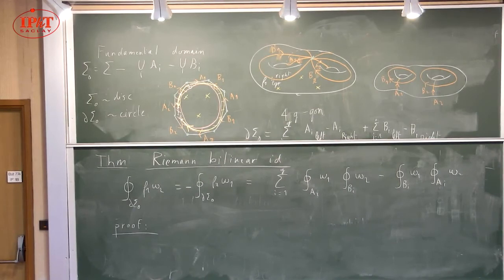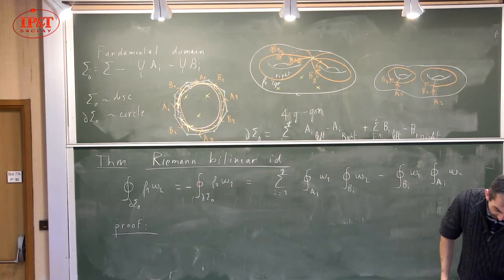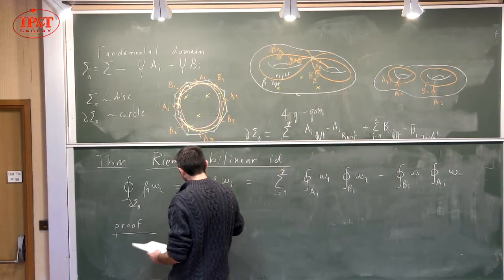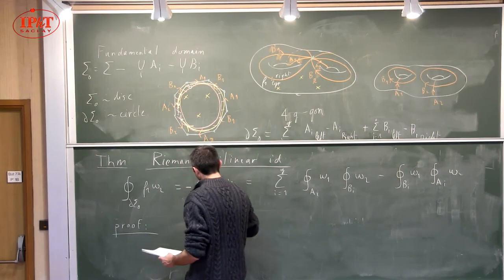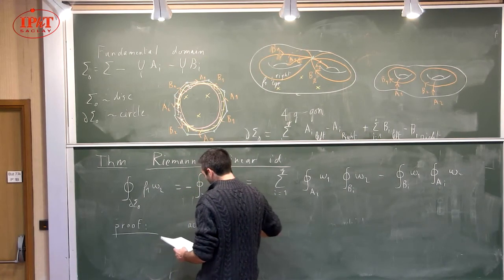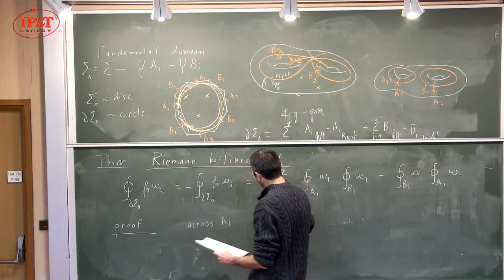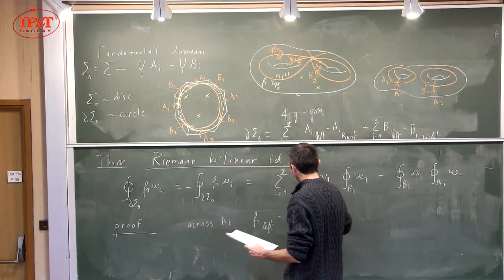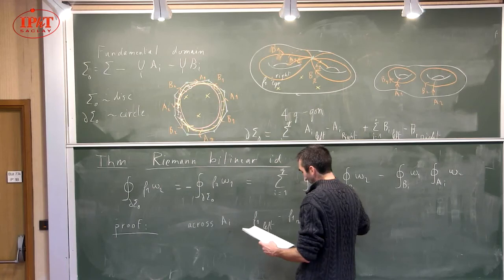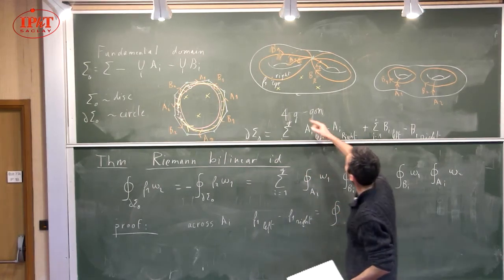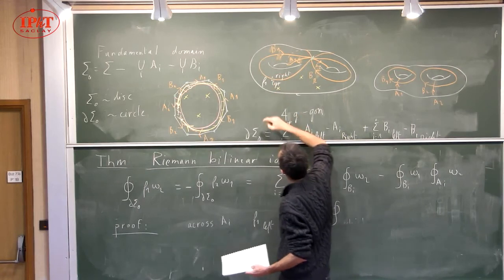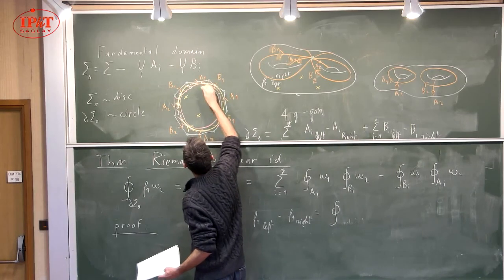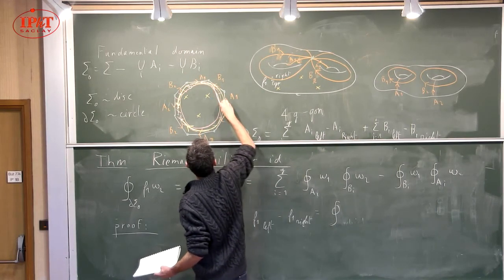So f1 is discontinuous across a_i or b_i, and across a_i you have that f1 left minus f1 right equals, well, of course, the difference between the value here and the value there is the integral from here to there.